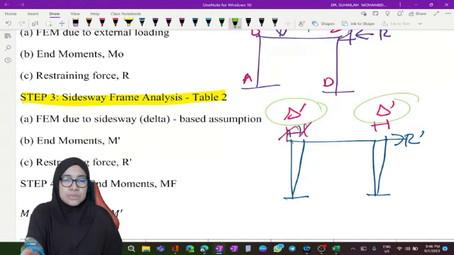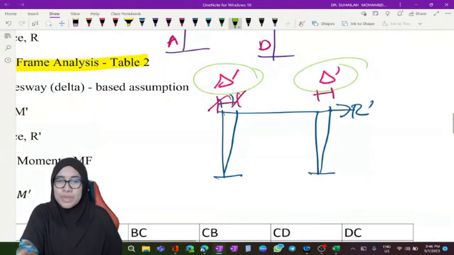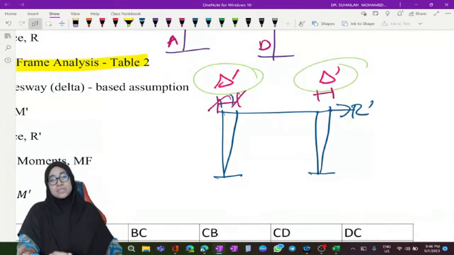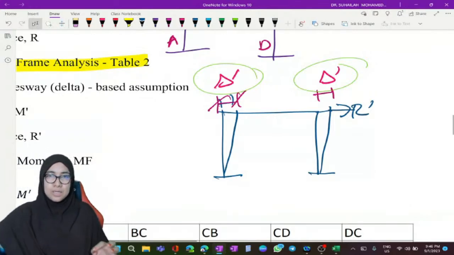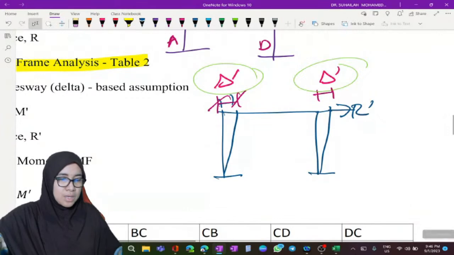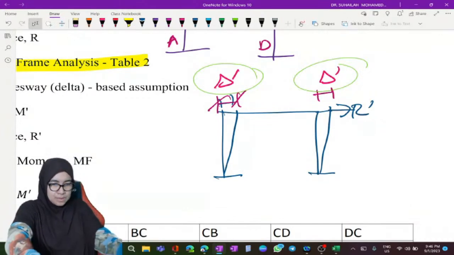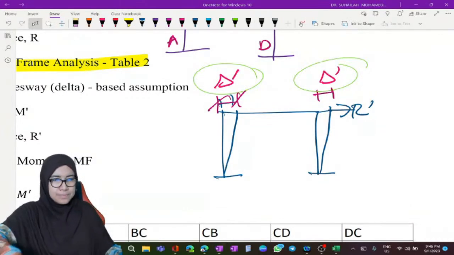So we are going to analyze this to calculate the FEM. Wait for a while.